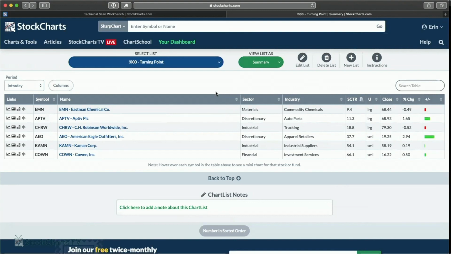That is true. I keep probably anywhere from 200 to 250, maybe even 300 stocks in there at one time. You can keep up to 500 in one chart list. So being able to keep the stocks that I like to trade in one list and then either scan against it or use, like you're showing on your screen right there, that summary page. And then I just click on that percentage change column.